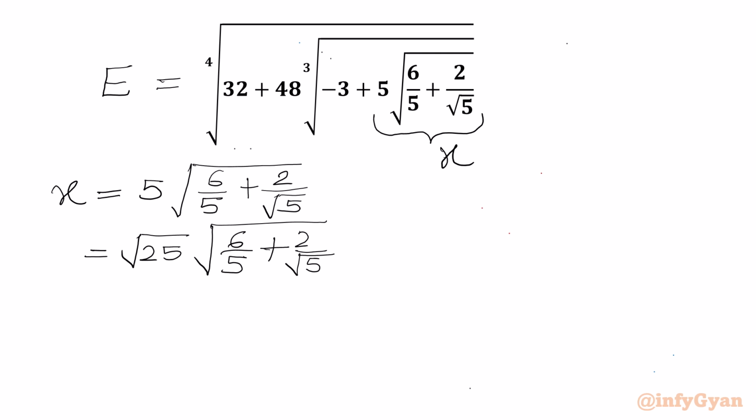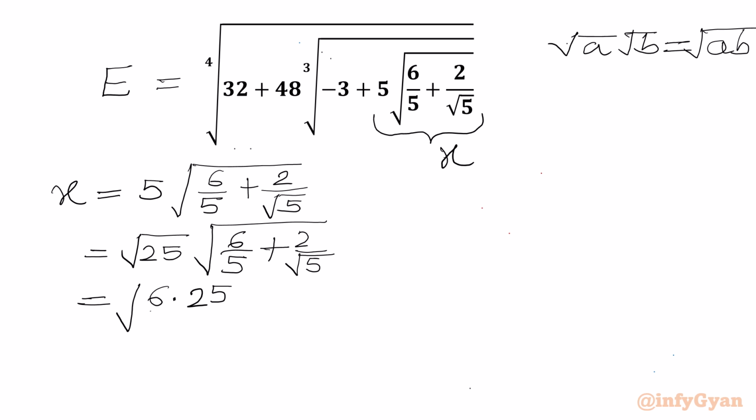Now square root a times square root b is equal to square root ab. So we can write here the square root of 6 times 25 over 5 plus 2 times 25 over square root 5. Now we can cancel 25 with the denominator 5, so it will become 5.